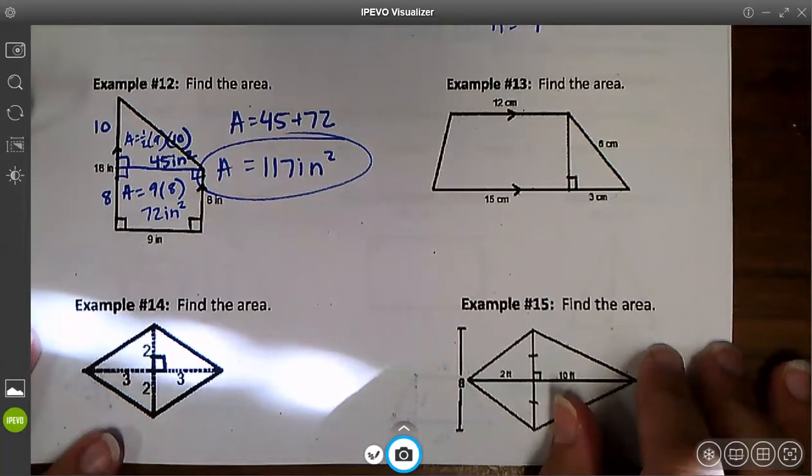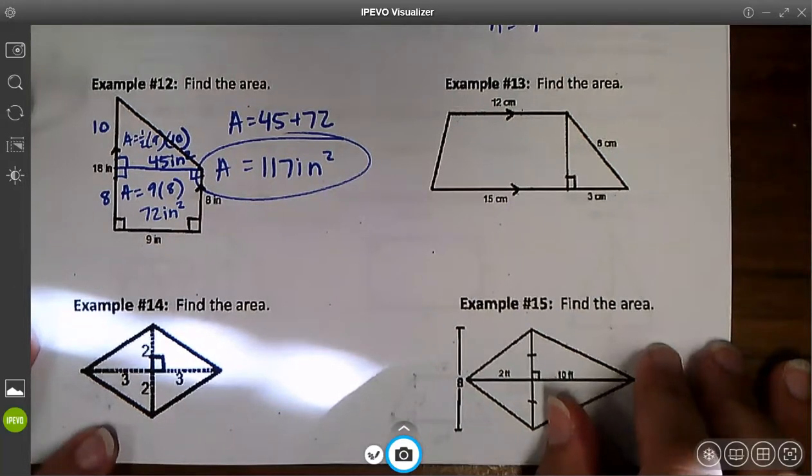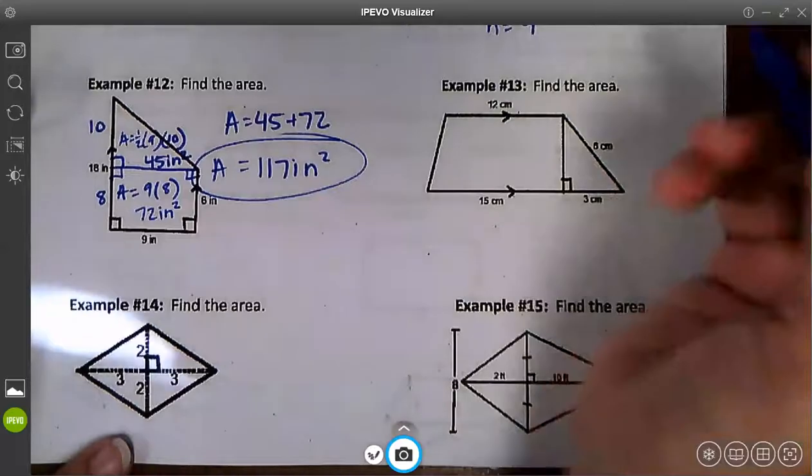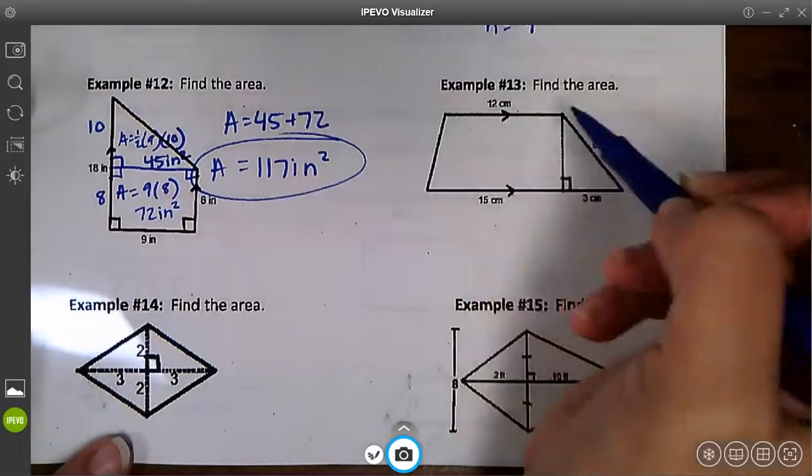The next one. The area of the trapezoid. All right, so what we've got here is our top base.